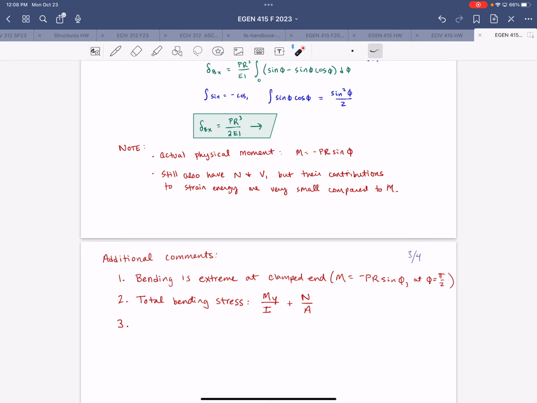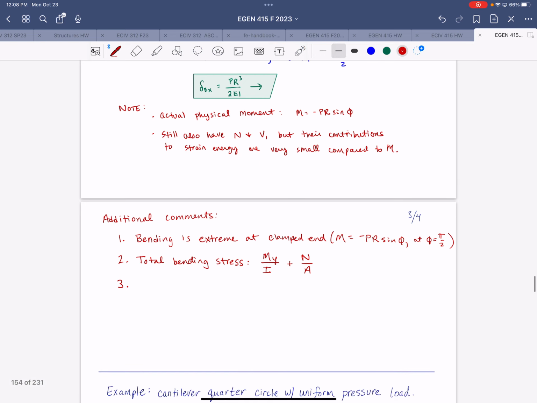If it's an indeterminate problem, then we need to use that deflection approach if we're using this energy method to find the reactions. Once we know the reactions, then we can obtain the moment distribution and then derive the deflection distribution from that if we want to. We're not going to take these problems that far in this class, but just as FYI, you could go there.